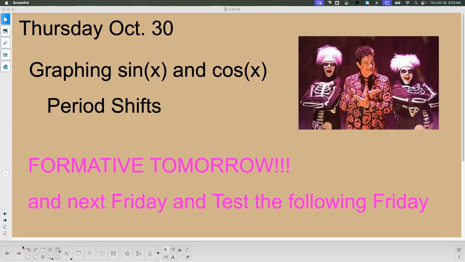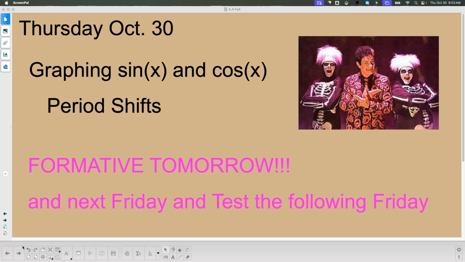Yesterday we talked about... actually, hold on before we go on to that. Today we're going to deal with period shifts, which is B's. You do have a formative tomorrow: 2 questions with a bunch of extra stuff along with it. I think it's going to be an 8-point formative tomorrow. You do have a formative next week, Friday. That one will be a little bit longer.